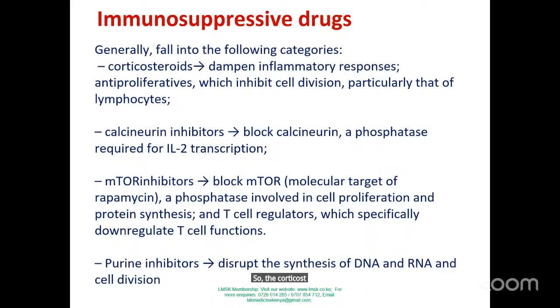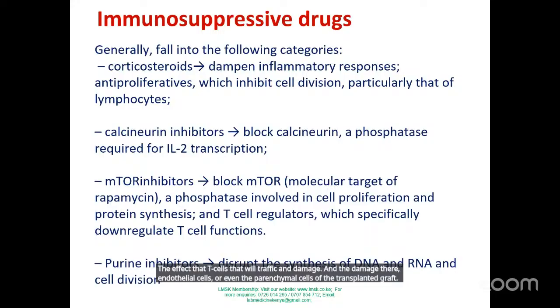Corticosteroids, such as prednisone, block that response. Once they block that response, we will not generate the effector T cells that will traffic and damage the endothelial cells or even the parenchymal cells of the transplanted graft.